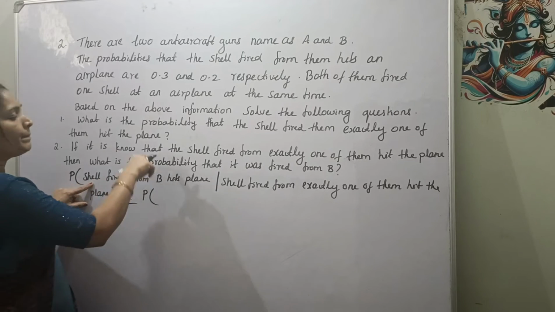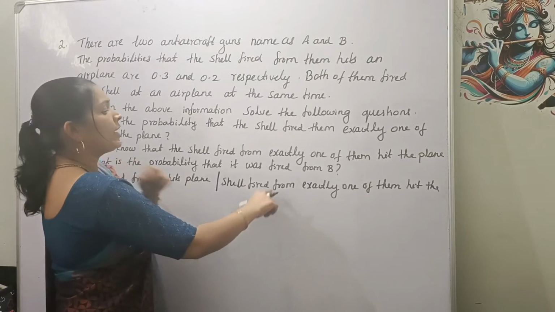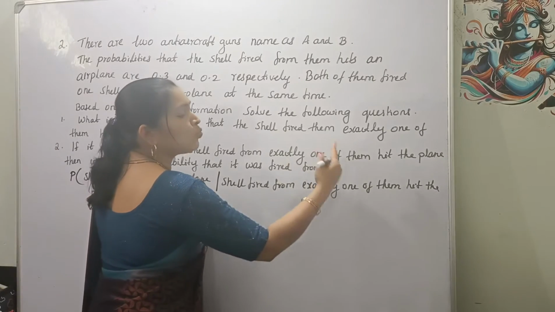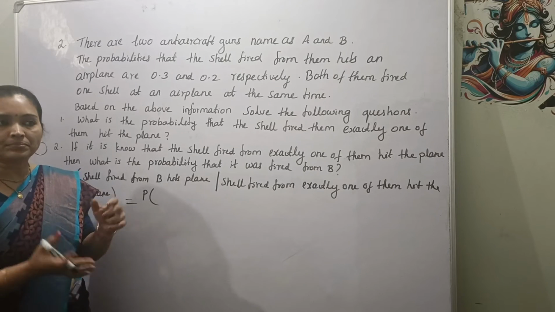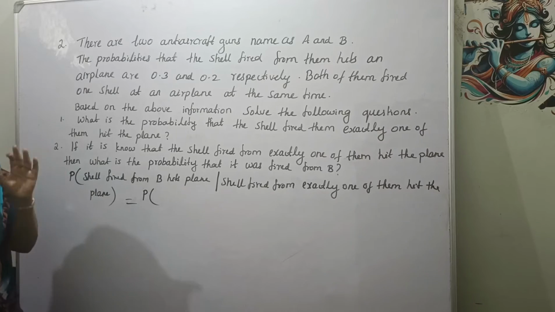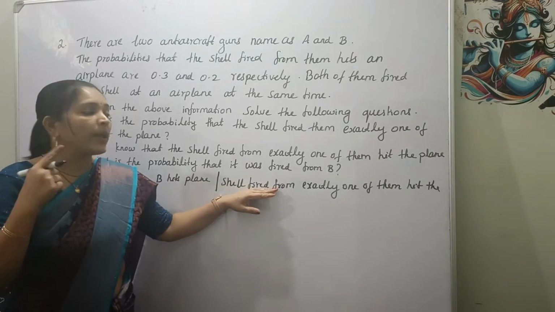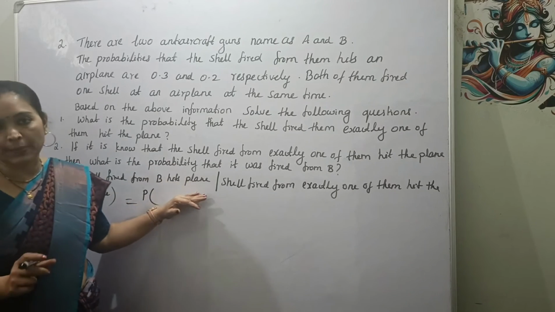Shell fired from B hits the plane, and shell fired from exactly one of them hit the plane. See, what does it mean? That means, what is the intersection? So here we can say shell fired from exactly one of them hit the plane, intersection shell fired from B hits the plane.